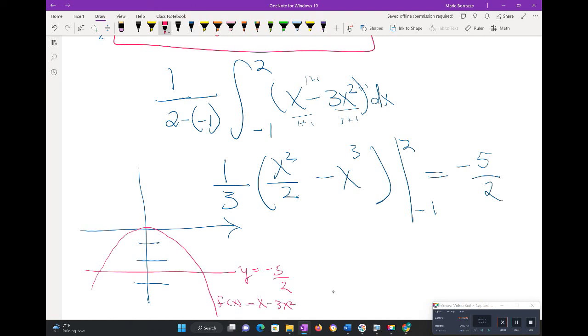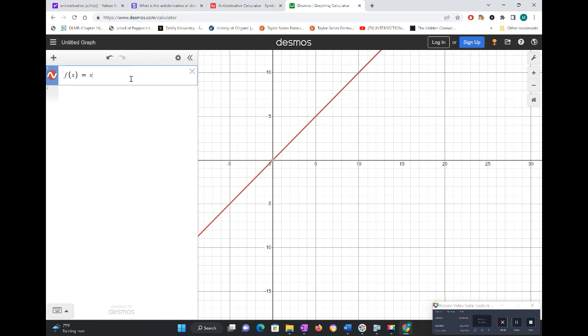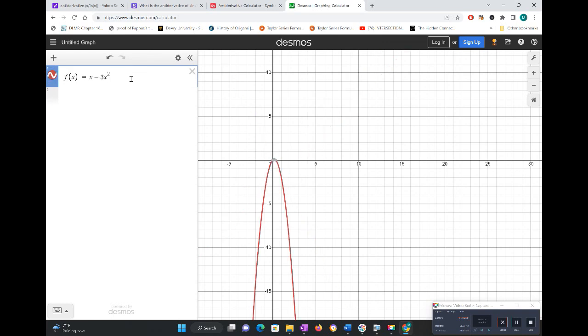You can graph that in Desmos and see it much more clearly. Let me go ahead and do that. So let's go to Desmos. This one actually you will see clearly. So you have f of x is equal to x minus 3x squared, right? So that's your function.